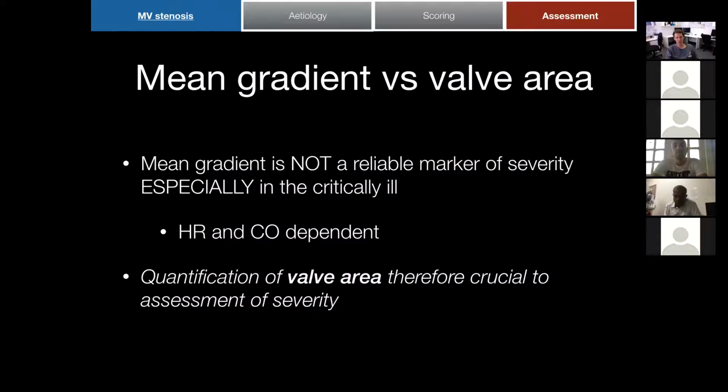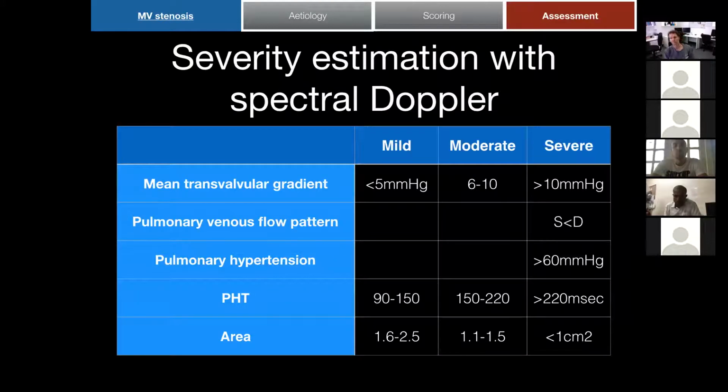All right. Sorry, Sam, one question. Sure. Regarding pulmonary hypertension, I think the ACC guidelines have mentioned more than 50. Yeah, I stole it from Anderson's book, so we'll bring it up with Benita. Sure. I think maybe we'll just say significant, because particularly in the critically ill, these cutoffs, like the 10 millimeters or the 50 or the 60, are very hemodynamically dependent and can get you into problems.